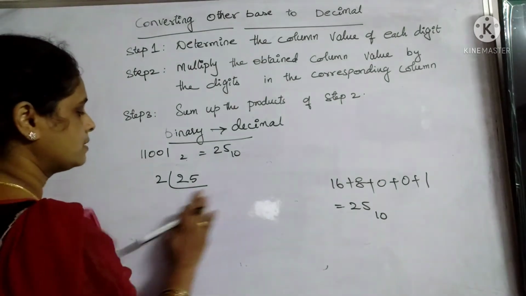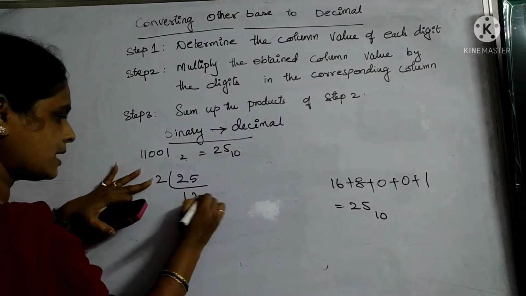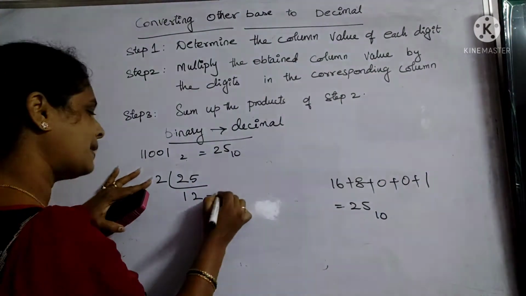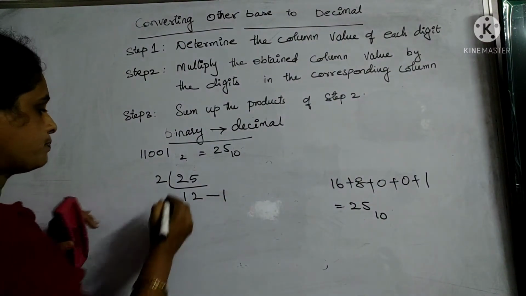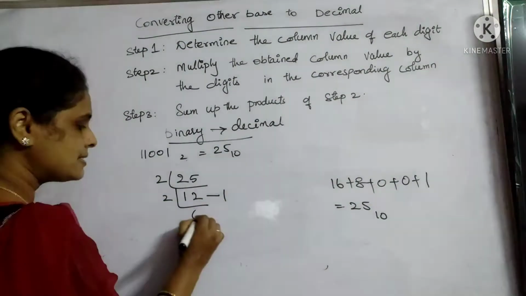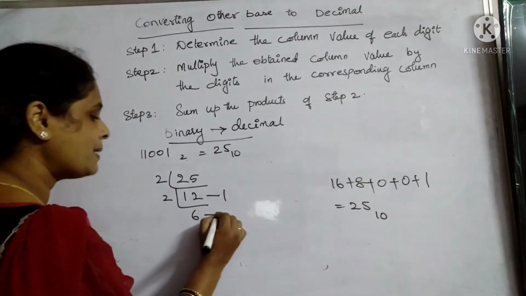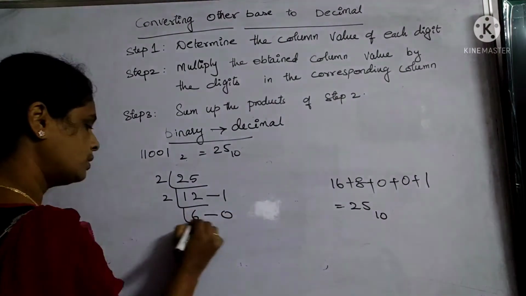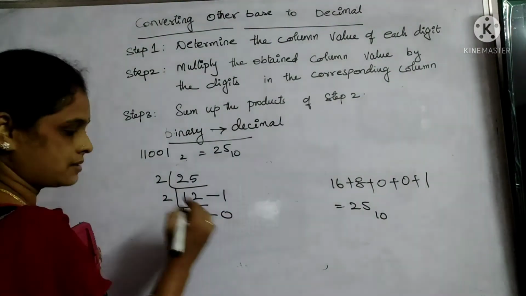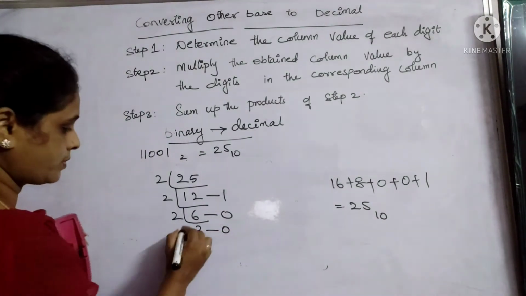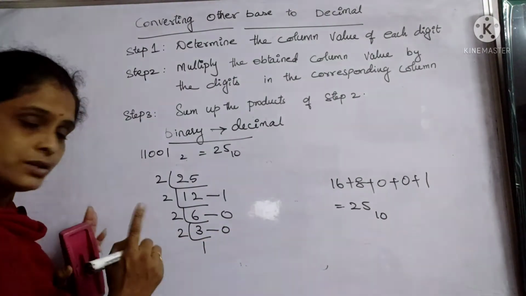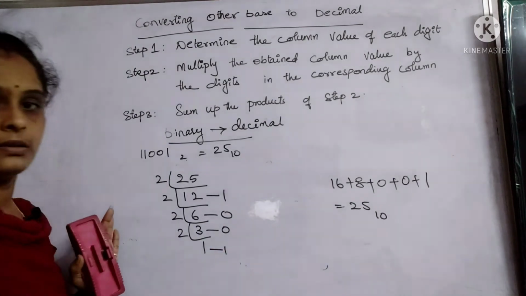I repeat, 2 12s are 24. The remainder is 1. Then 2 6s are 12. The remainder is 0. 2 3s are 6. The remainder is 0. 2 1s are 2 and the remainder is 1 here.